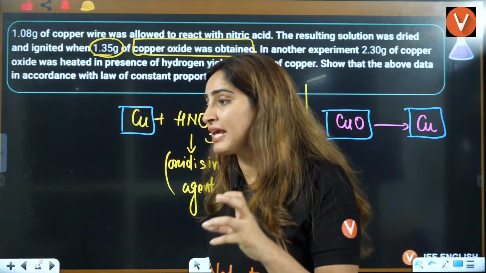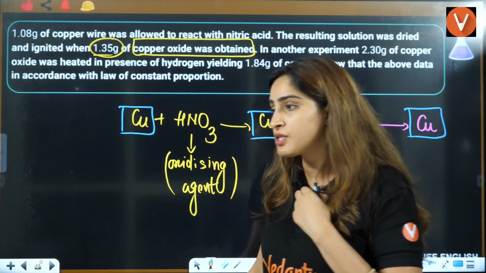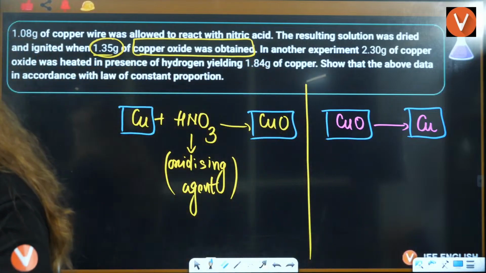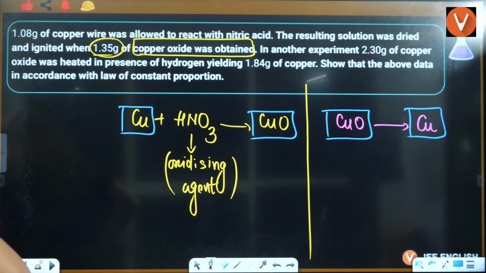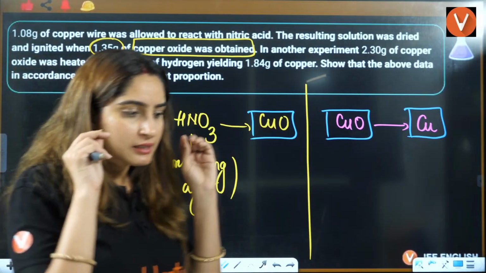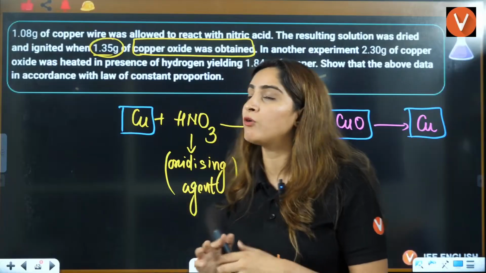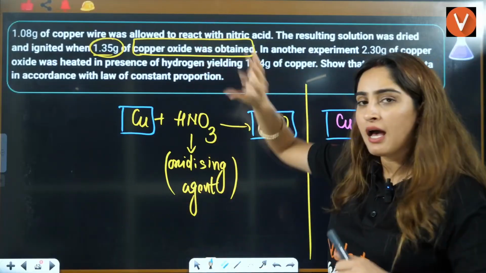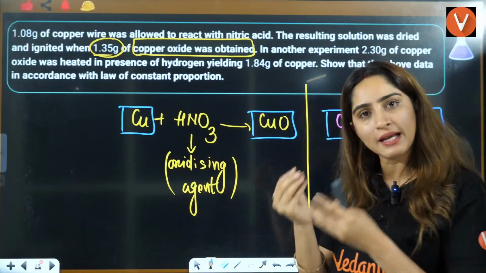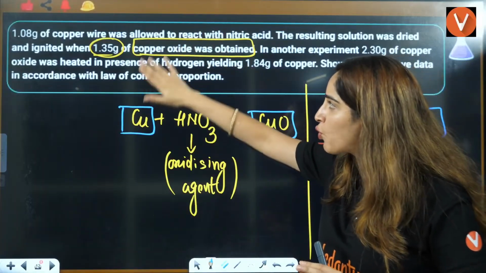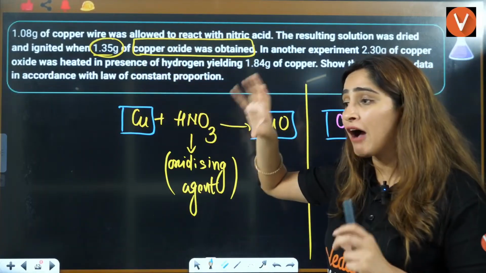What we are going to do in this question? I always teach it like this. Firstly, you have to go through the question, then you have to understand.